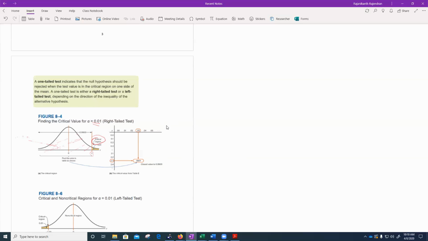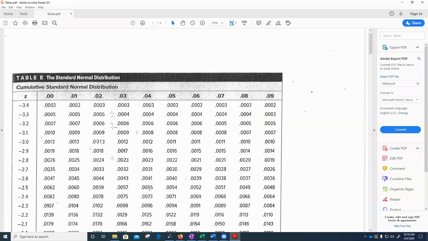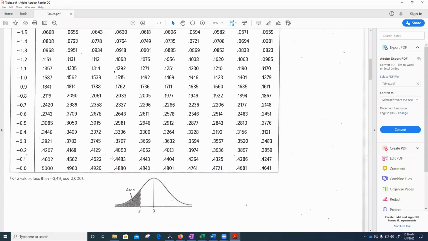That means you will get 0.99. So that is the area of the left side. So you have to look at this value in your table. Then you will figure out the corresponding z value.